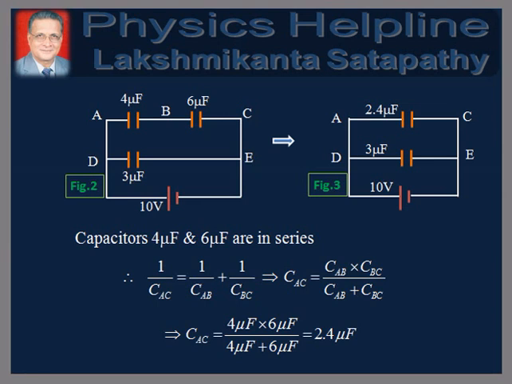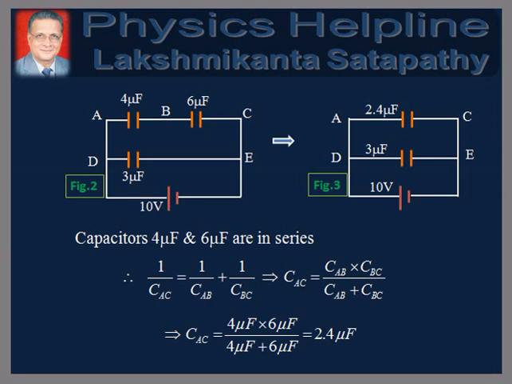Therefore, the reciprocals of individual capacitances are added to give us the reciprocal of the capacitance of the series combination. Therefore, we have C_AC is equal to C_AB into C_BC divided by C_AB plus C_BC.